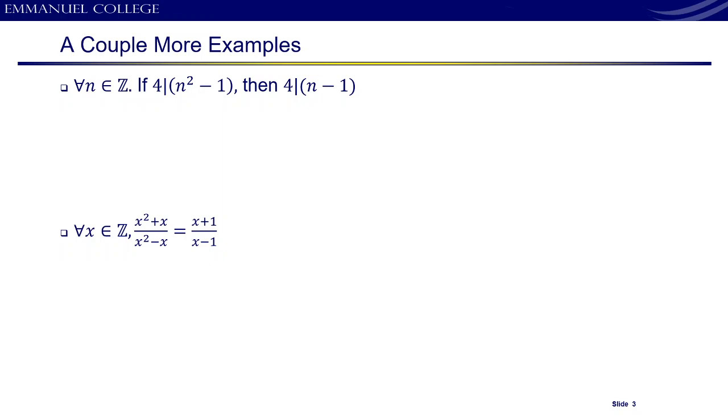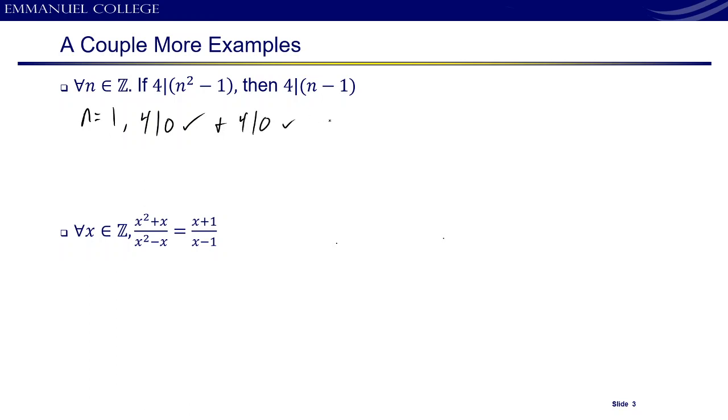So let's say we have a couple examples. For every n that's an integer, if 4 divides n squared minus 1, then 4 divides n minus 1. Well, let's try this. If I let n be equal to 1, 4 does divide 0, and 4 divides 0.